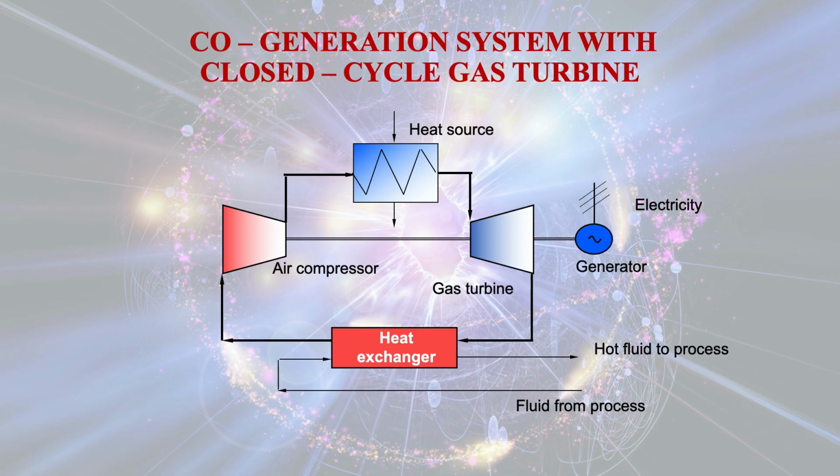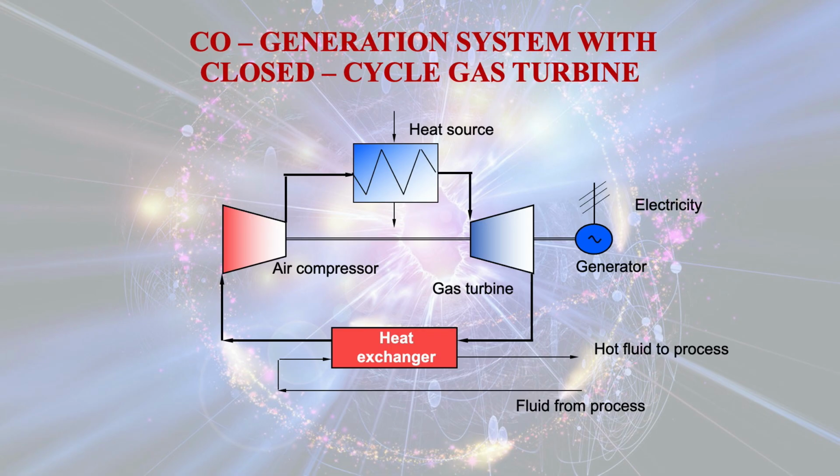This is one of the diagrams for cogeneration system with closed cycle gas turbine. In the gas turbines, the main components are compressor, combustion chamber, gas turbine and generator. In the compressor, the air is compressed and the compressed air is sent to the combustion chamber, and there fuel is injected or given in the combustion chamber as a heat source.